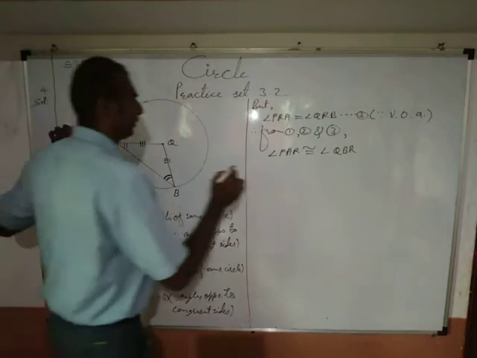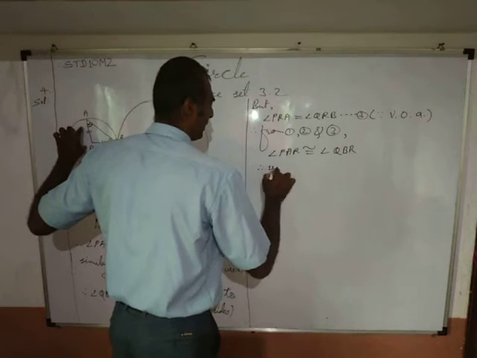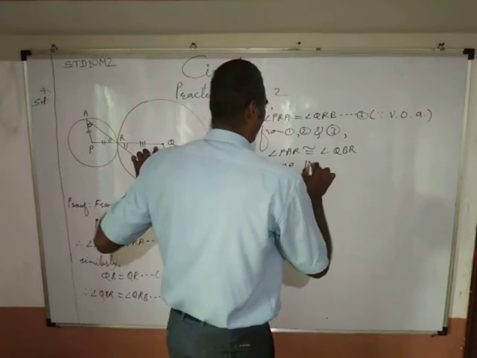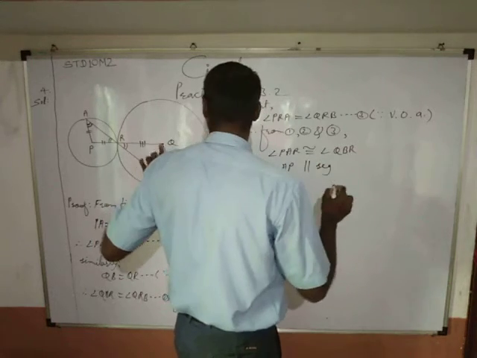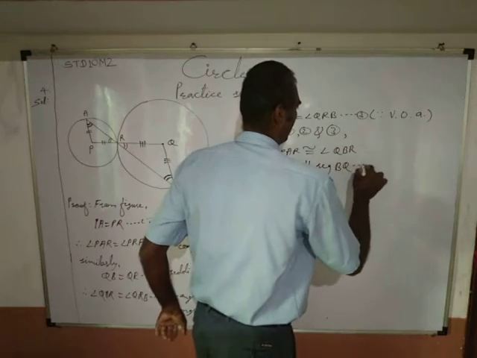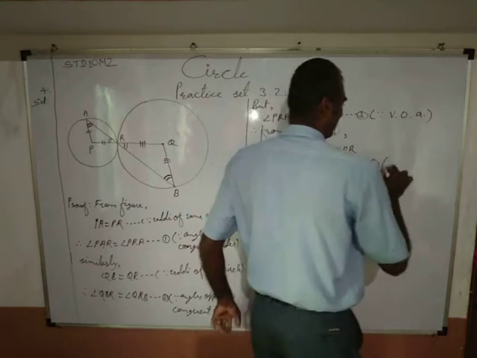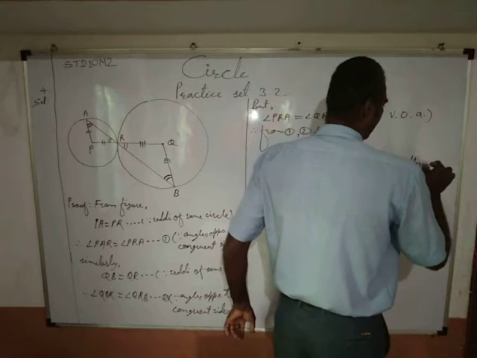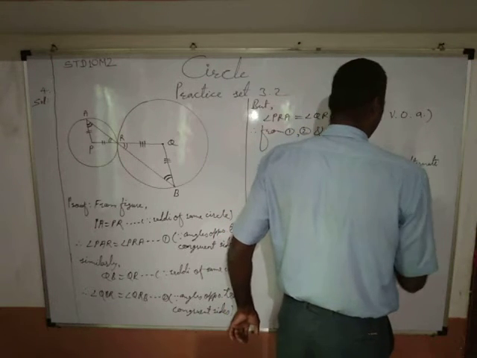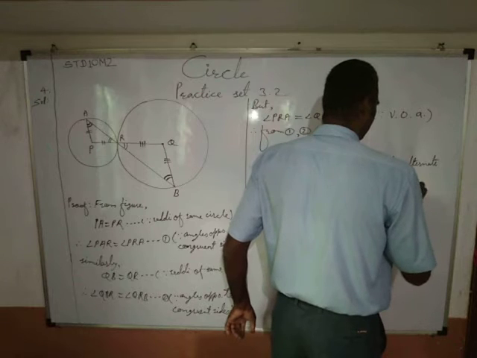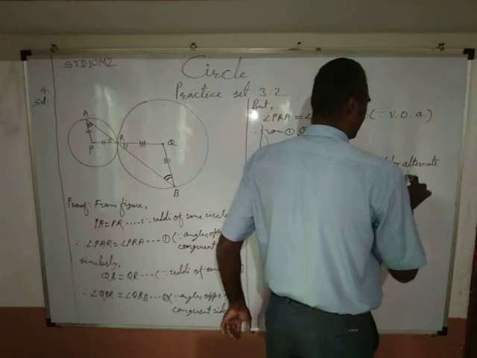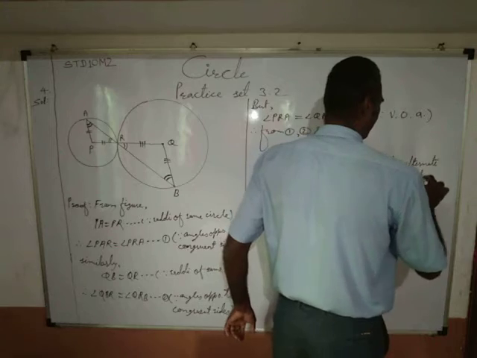Therefore, seg AP is parallel to seg BQ. Let's call it equation 4, by alternate angles test.